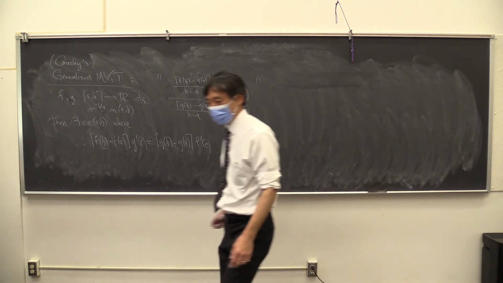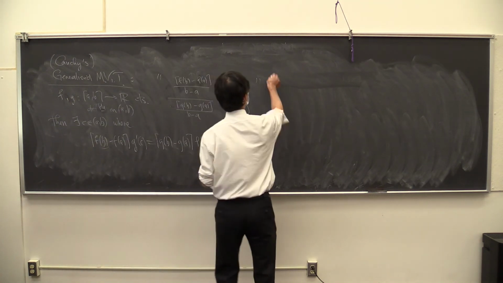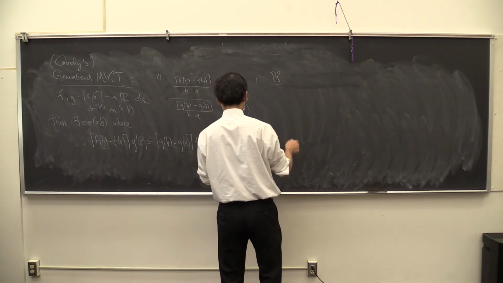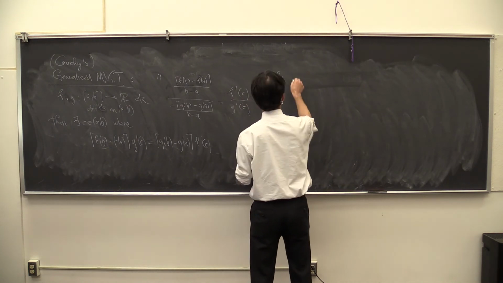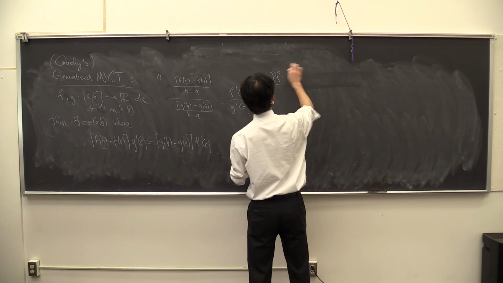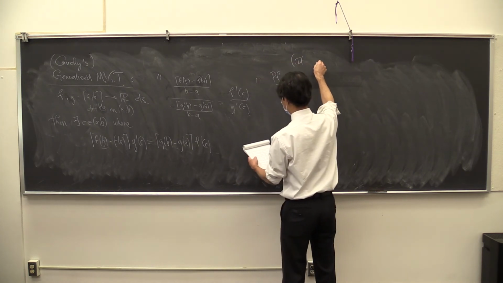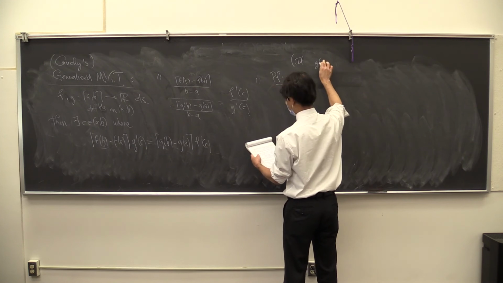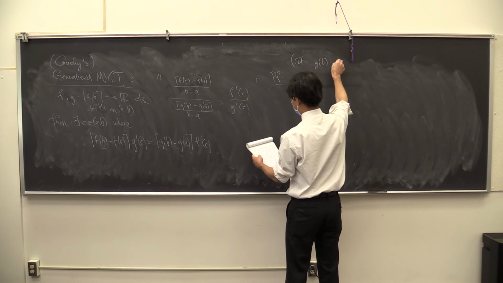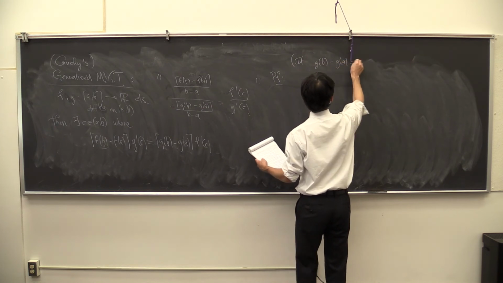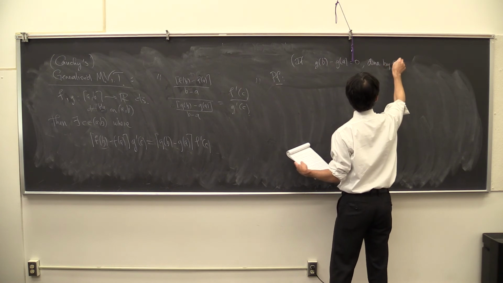Okay. So let me give the proof of that. So proof. I'm going to throw out the case. So if g of b minus g of a equals 0, then actually we're done by Rolle's theorem.